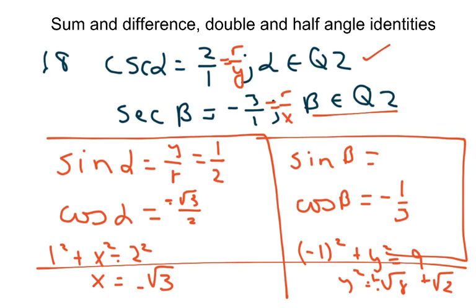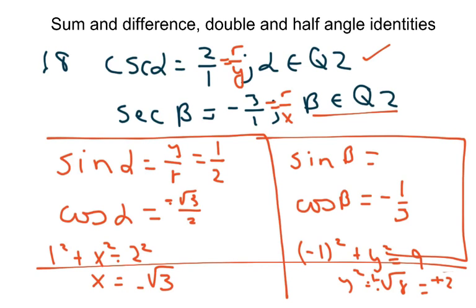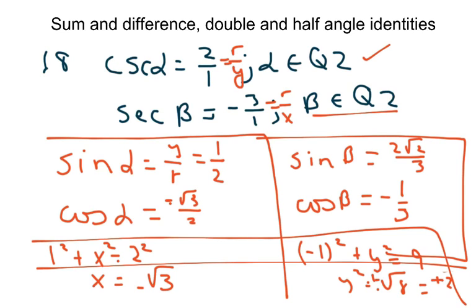I'm trying to squeeze this in here, and it's not letting me put it in there, so I'll just put it up here. So this is 2 root 2 over 3. And this is just using the Pythagorean theorem.